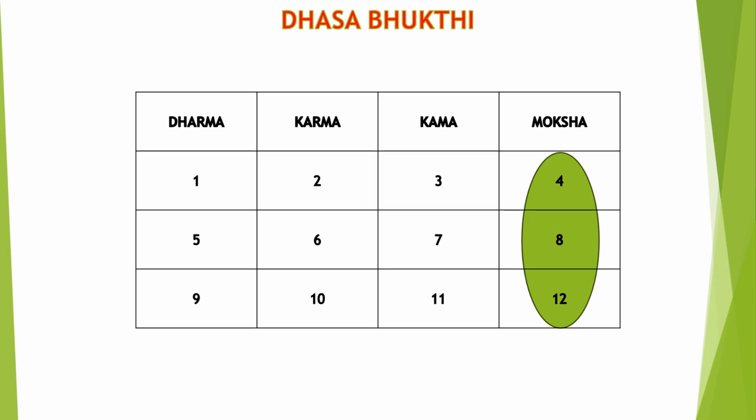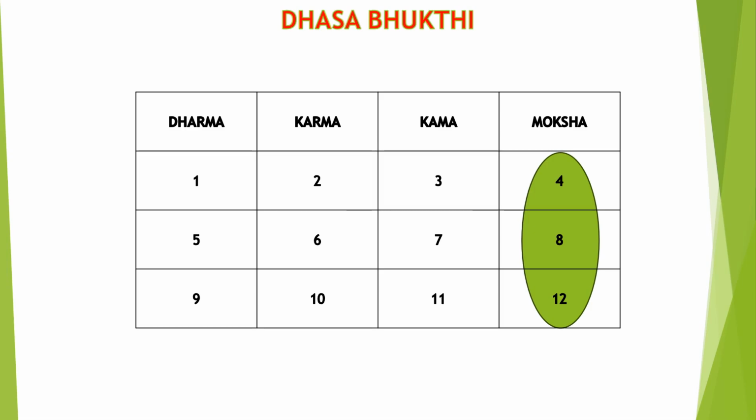So here, for the Dasha Bhukti of any planet, we should consider the Bhava first. And if we are looking for the prediction of a particular Bhava, then we should look at the Bhava in which the Dasa Lord is.